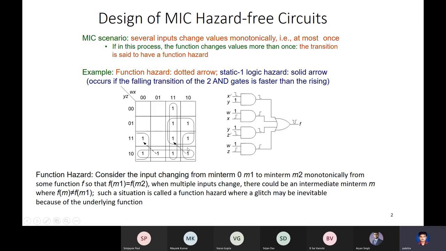First, 1 0 1 0 becomes 1 0 1 1, then 1 0 1 1 becomes 1 1 1 1. Similarly, the second way: 1 0 1 0 becomes 1 1 1 0, and 1 1 1 0 becomes 1 1 1 1. So there are two possible paths. But the criterion is that the path has to be monotonic, in the sense that in the process of this transition from source to destination, every bit can change only once.